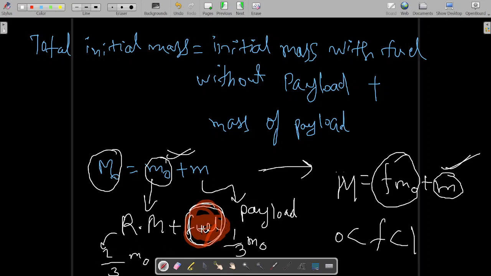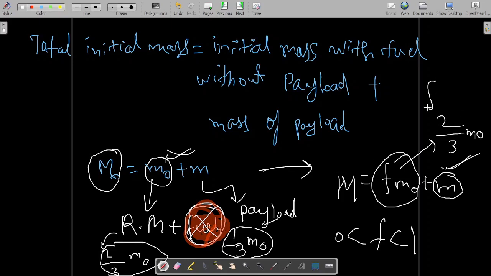Then f m naught will be 2/3 m naught, because only the rocket machinery will remain and 1/3 m naught has gone. So your fraction f in this case is 2/3.